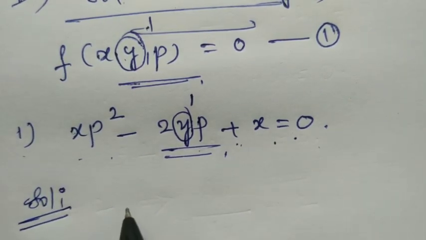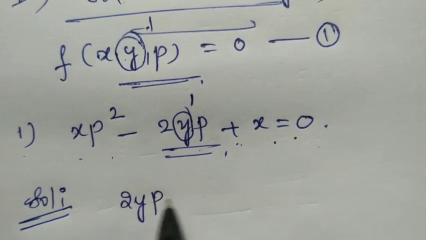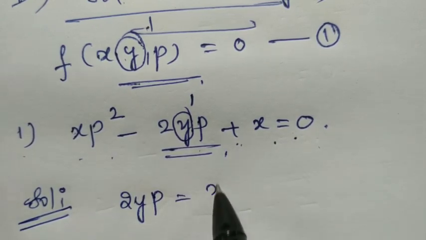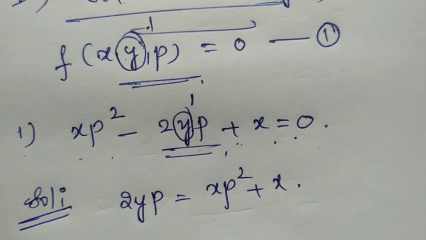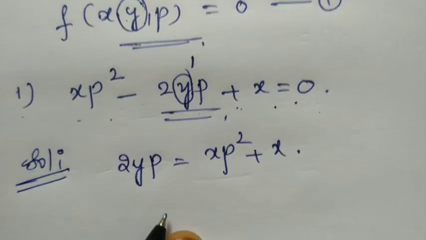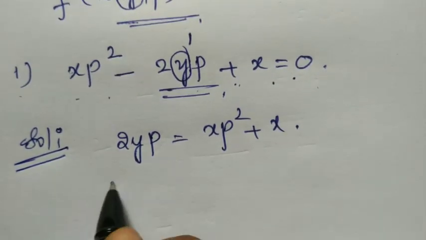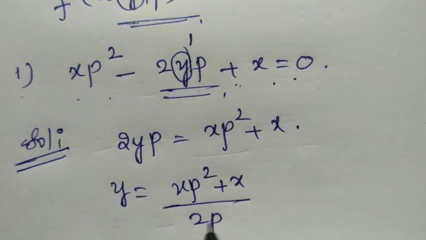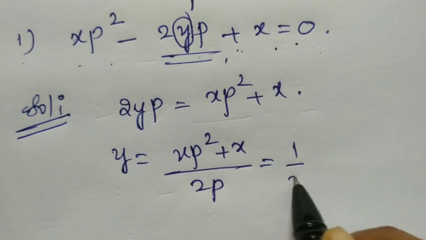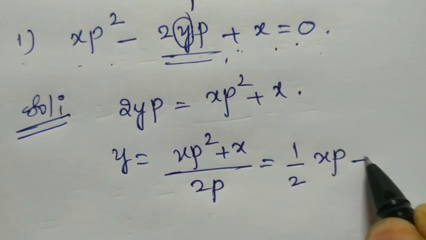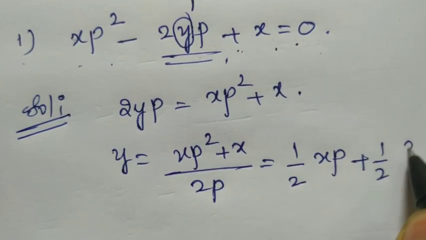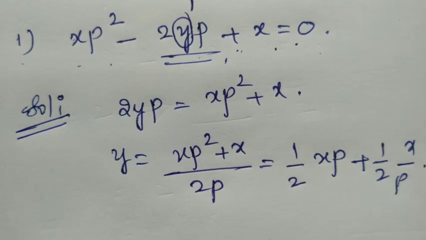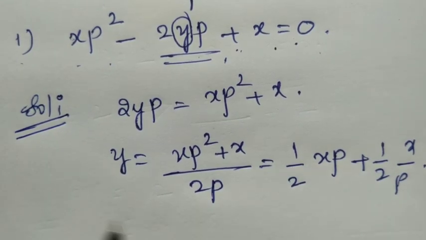So 2yp equal to xp square plus x, which gives y equal to (xp square plus x) by 2p, that is equal to 1 by 2 xp plus 1 by 2 x by p. So here I am substituting.